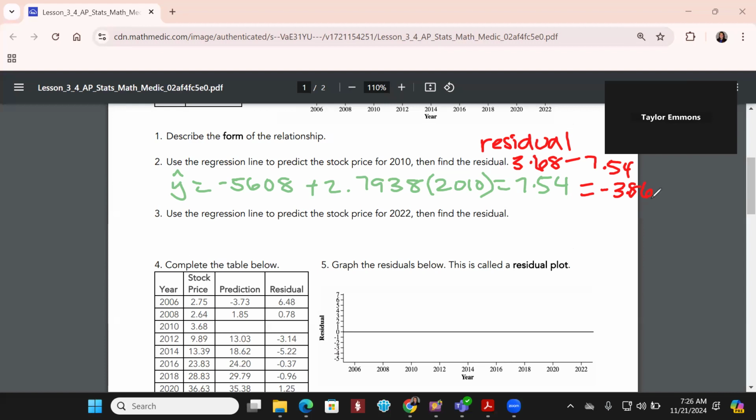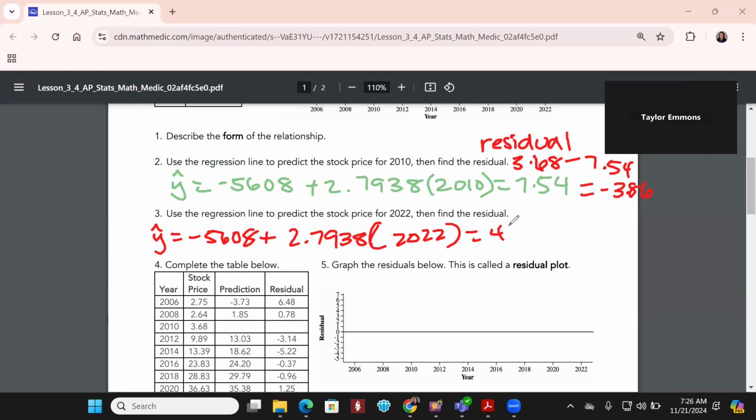I want you to try number 3. Same thing, different number. Negative 5,688.